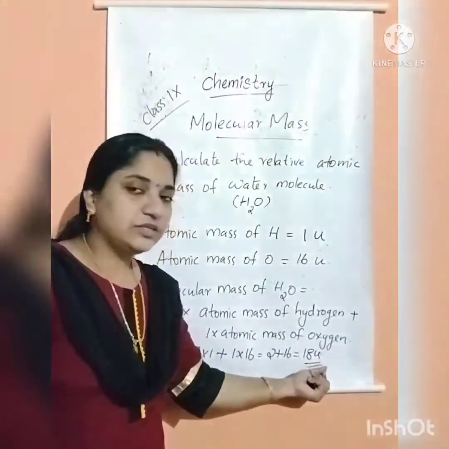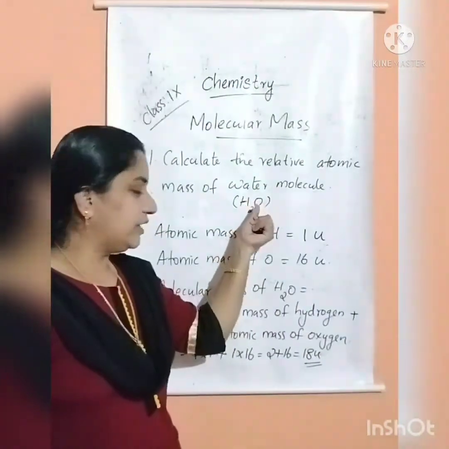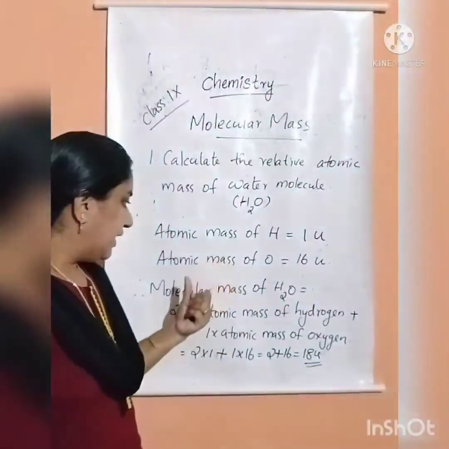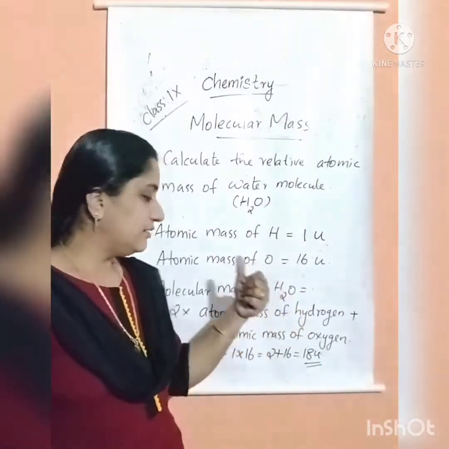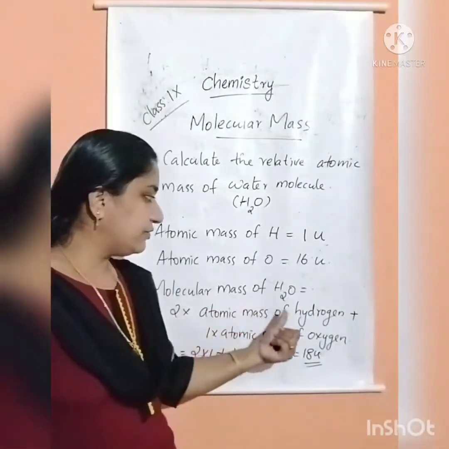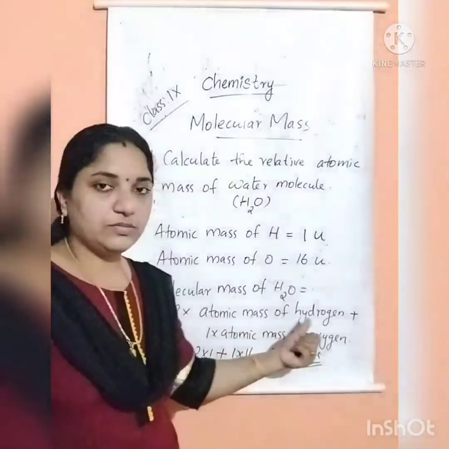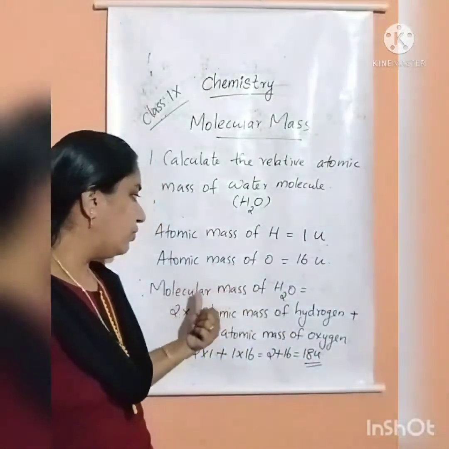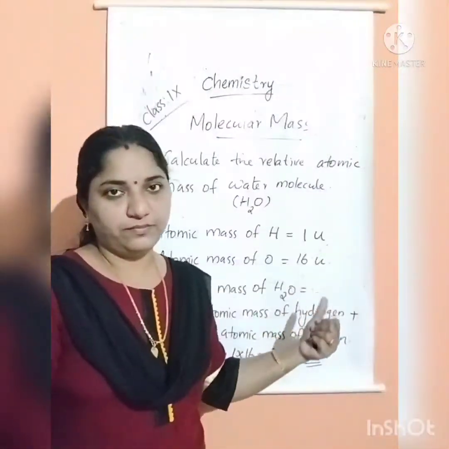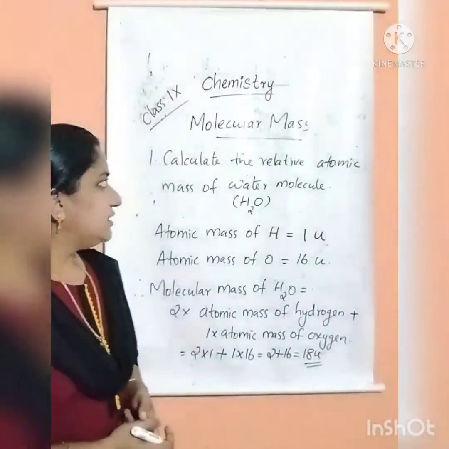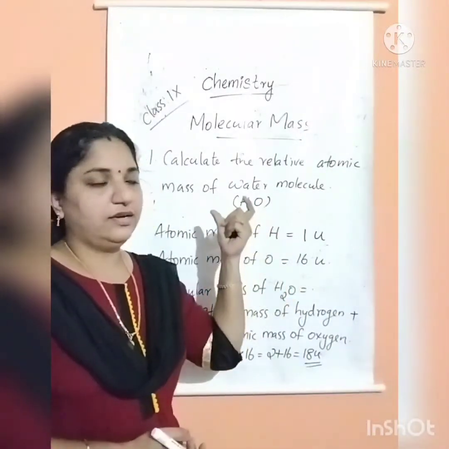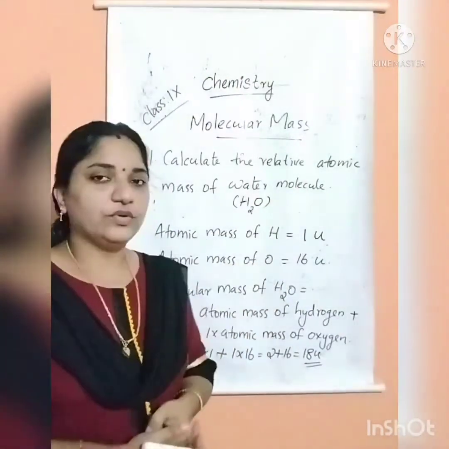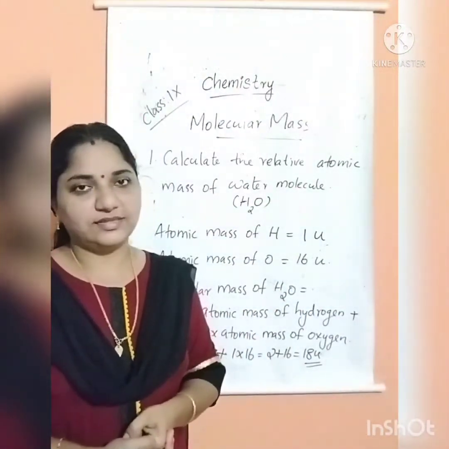We get it from the atomic masses of hydrogen and oxygen, that is 2 into atomic mass of hydrogen plus 1 into atomic mass of oxygen. It is a very simple way. We can calculate the molecular mass of different compounds.